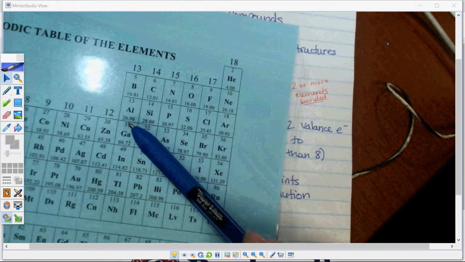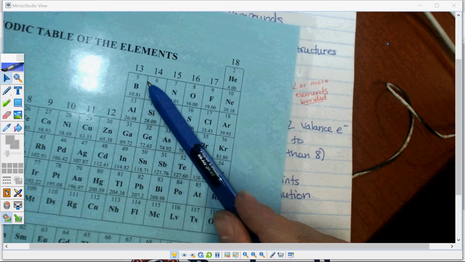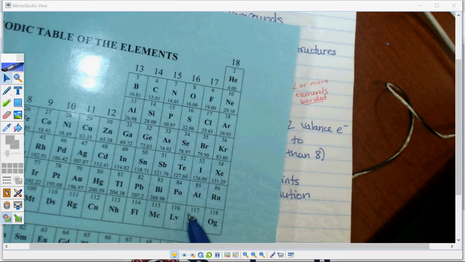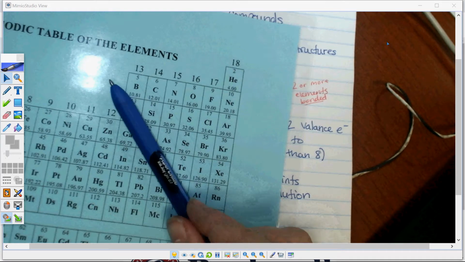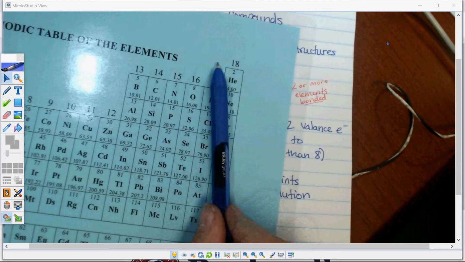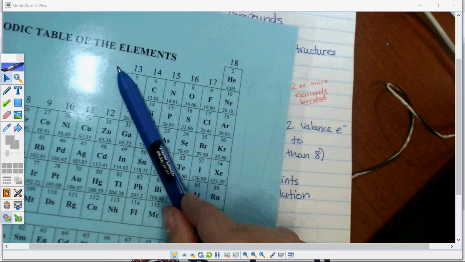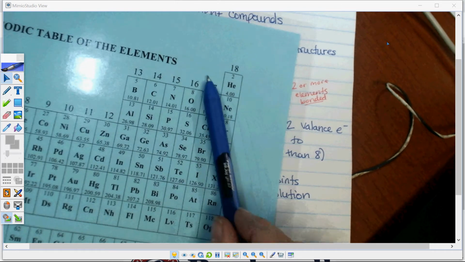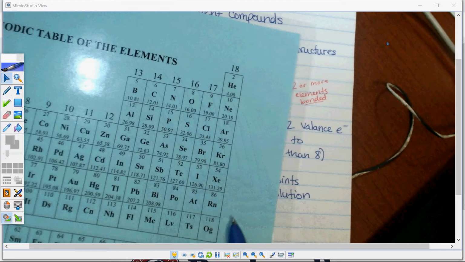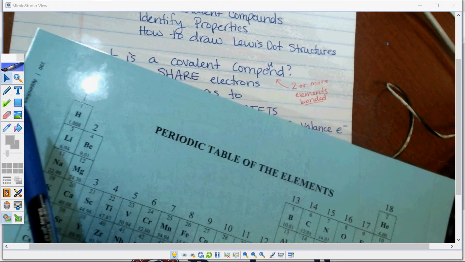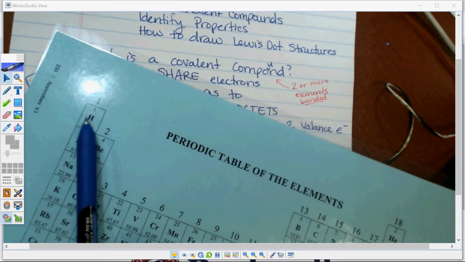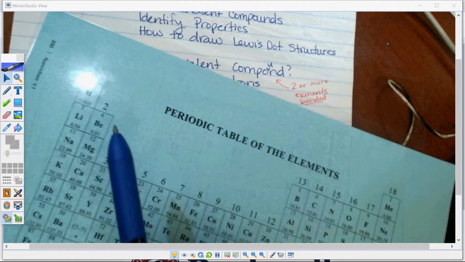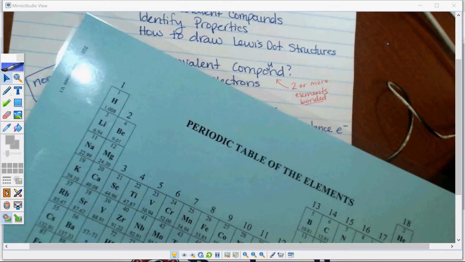And as a reminder, nonmetals are the ones that, if you recall, there's a stair step in this region of the periodic table. Nonmetals is everything to this side of the stair step. So we're talking about a very small group of elements that are forming these covalent compounds. And hydrogen is also considered to be a nonmetal, even though it's over here. So it's just this top right corner plus hydrogen. Those are the ones that are going to be forming covalent compounds.